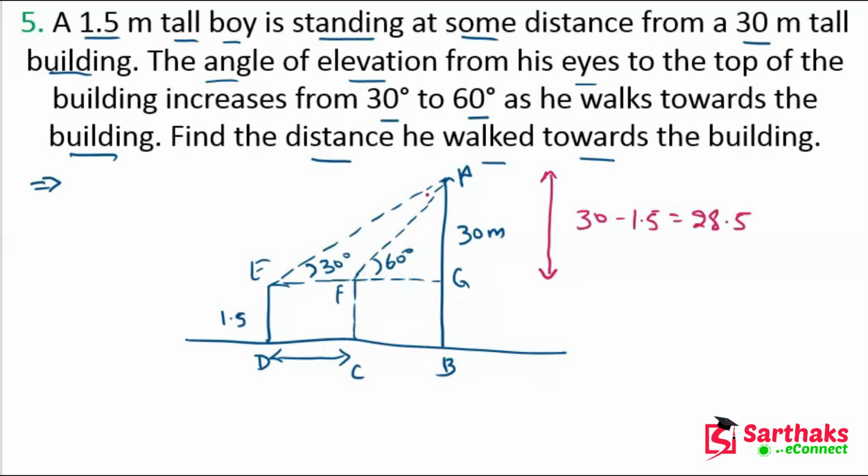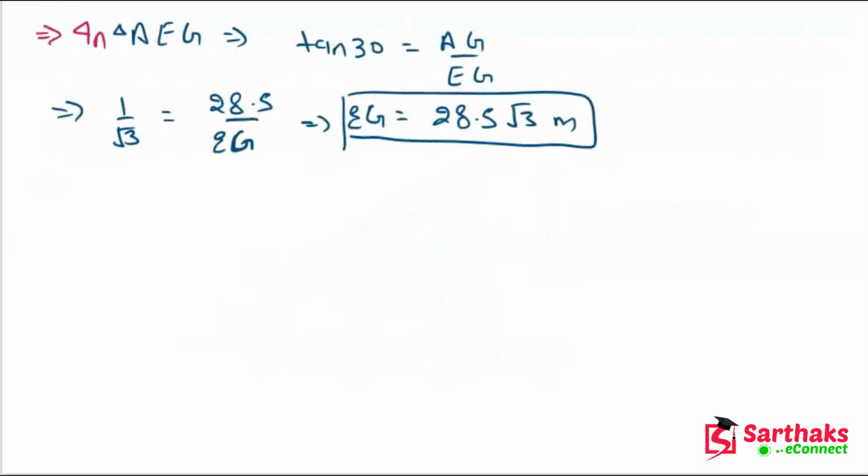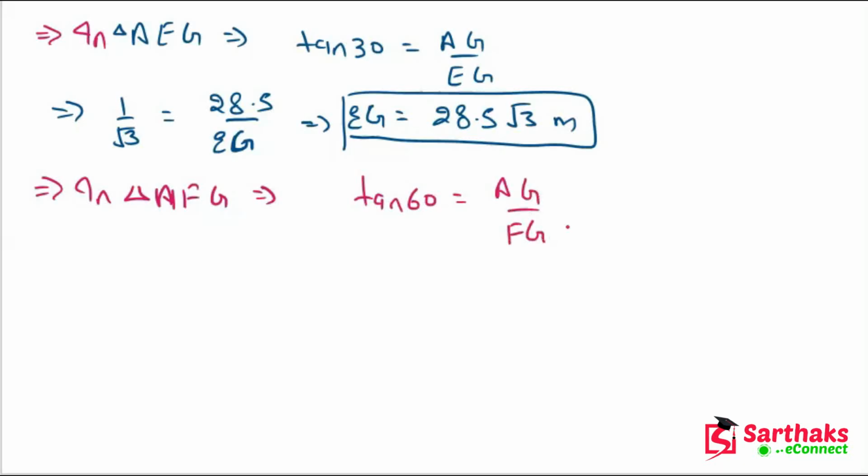So for FG we have to take triangle AFG. In triangle AFG, tan 60 is equal to AG upon FG.